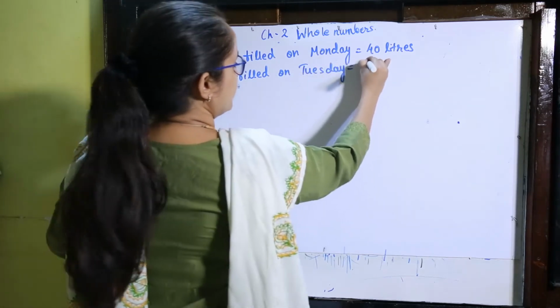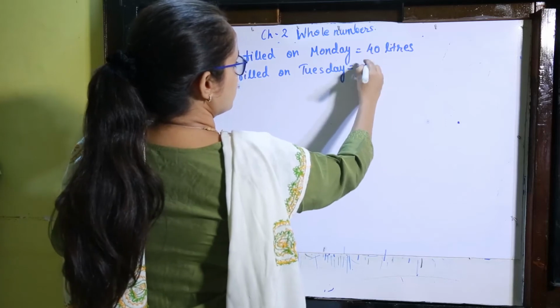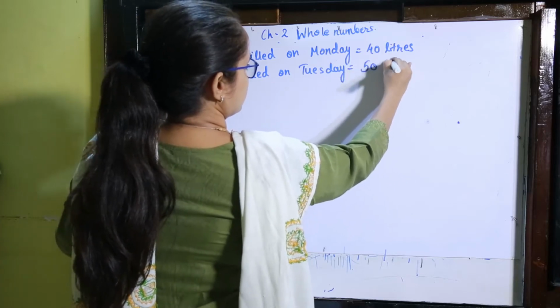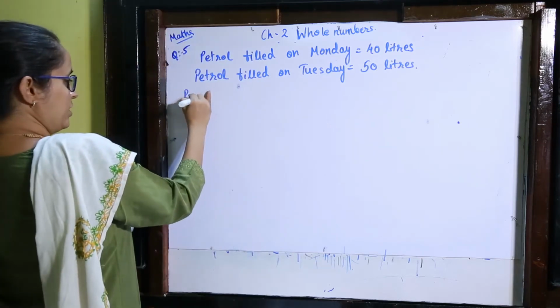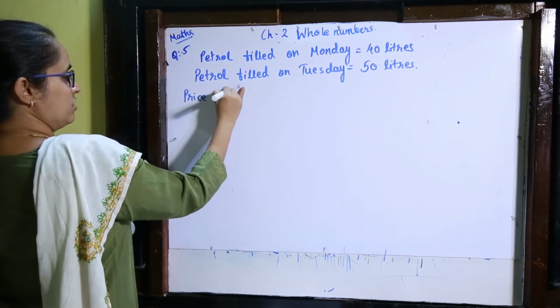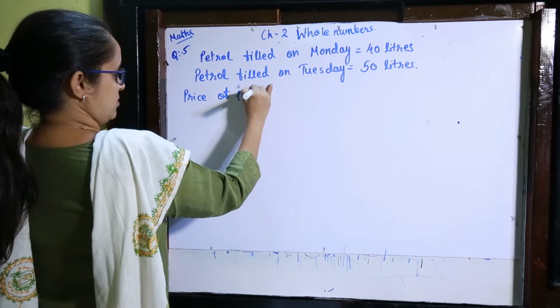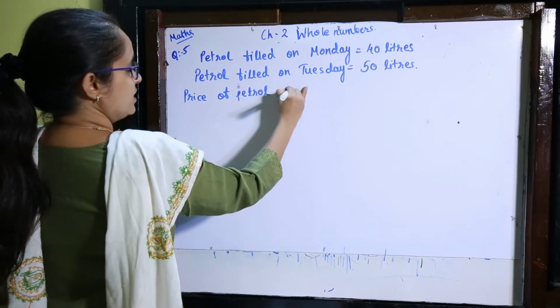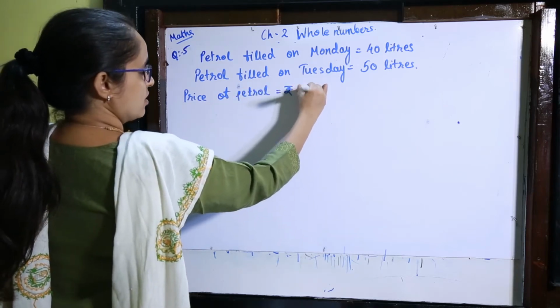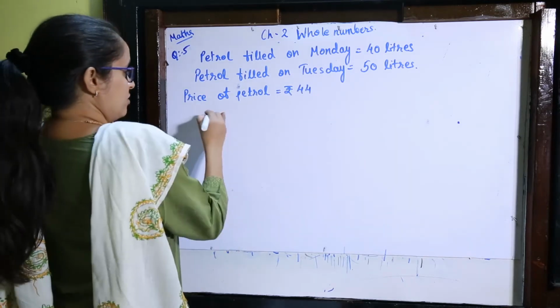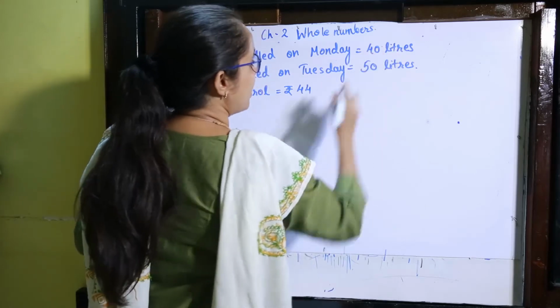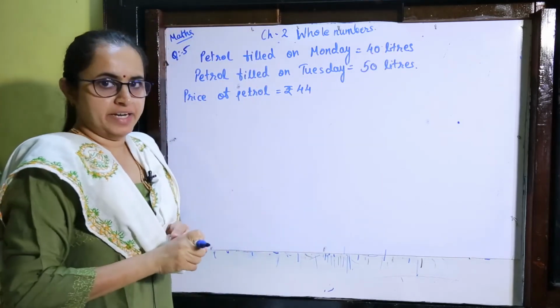How much did he fill? 50 liters. Now the price of the petrol is given to you, rupees 44. So how much total? First of all we need to total these, how much total petrol he filled.